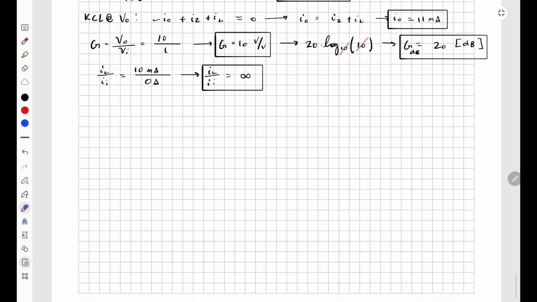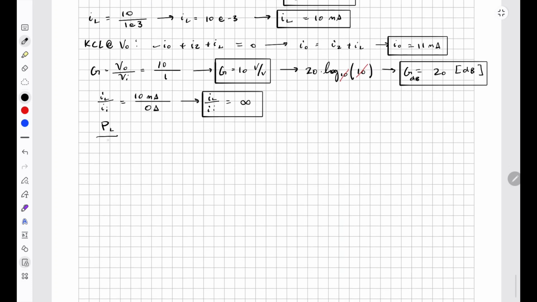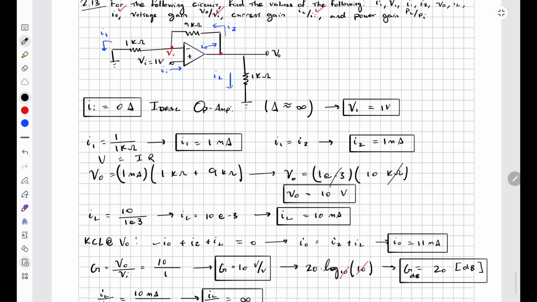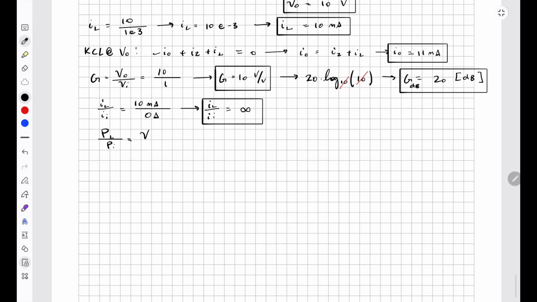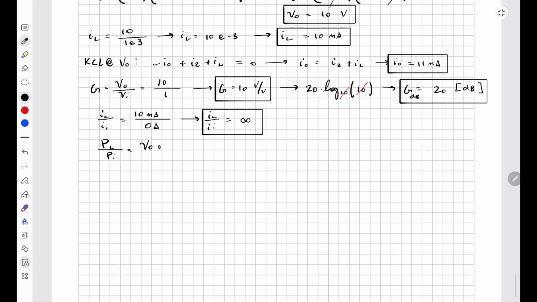So my guess is that the power gain, they called it PL divided by P in, so IL is known, and VL is referring to the voltage drop there, so it's V out multiplied by IL, and then P in is just V in times I in.